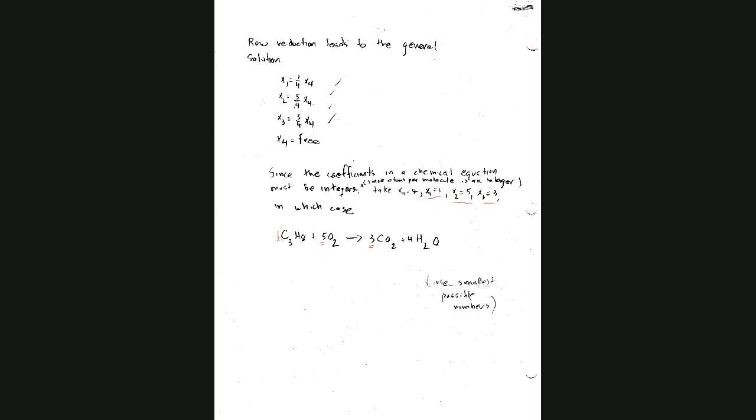And x4 was 4, so 4 goes in front of H2O. Okay, so this is your balanced equation. 1 molecule of propane plus 5 molecules of oxygen will yield 3 molecules of carbon dioxide plus 4 molecules of H2O.